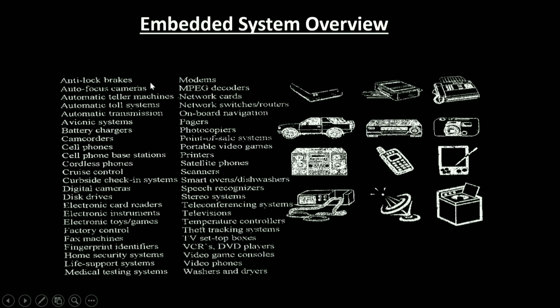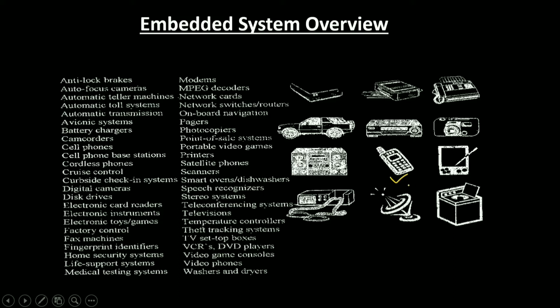Embedded systems are found in a variety of common electronic devices such as, for example, consumer electronics. For consumer electronics we have cell phones, pagers, digital cameras, camcorders, video cassette recorders. They are now past. Portable video games, that is also past.